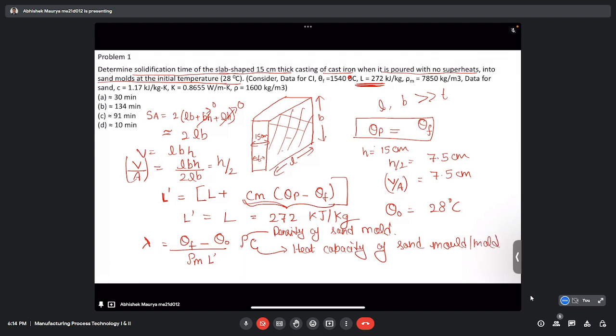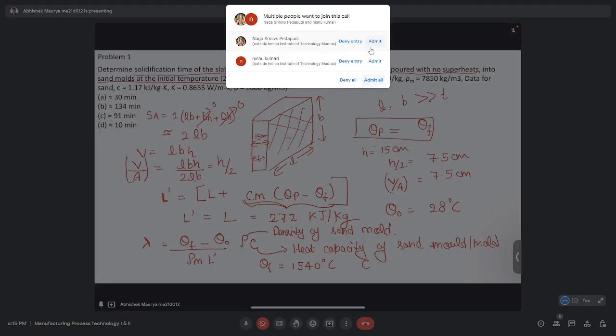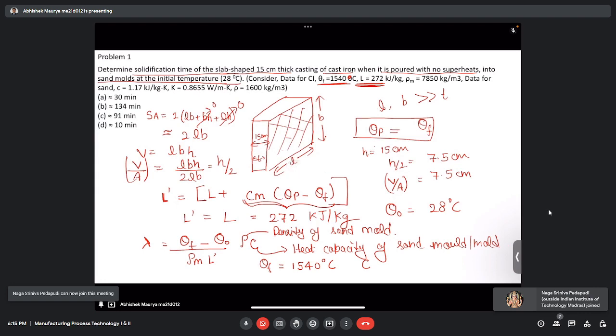Okay, so let's try to find out what are the values given. What's the theta f? If you see here, that is 1540 degrees Celsius. And theta ambient is already listed here.